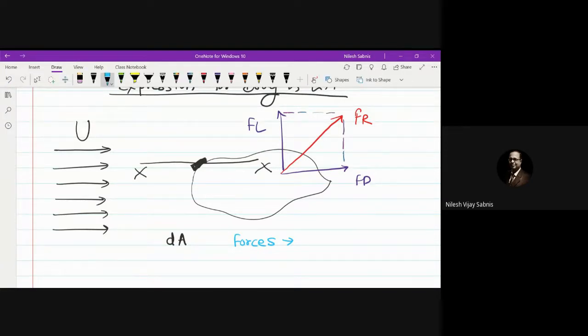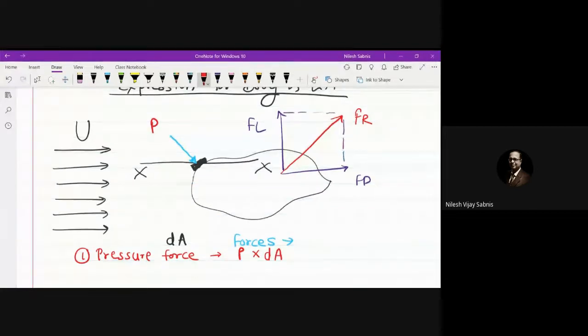It is due to pressure P acting on dA. So the total pressure force is PdA, and it is perpendicular to that surface area.